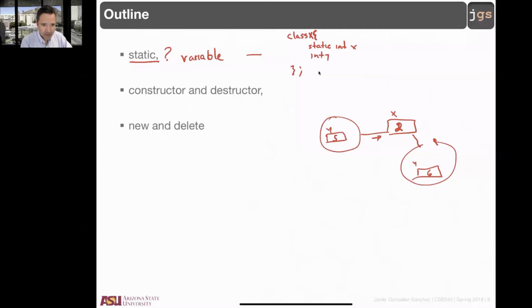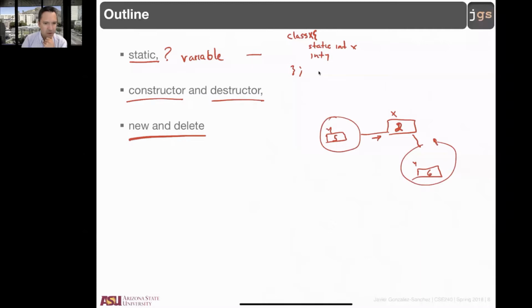Now, next, you know constructors. We need to review the structures. Constructor, destructor. We mentioned this before. The first method that we run when we create an object. Now we need to talk about the last method that is going to run. And new and delete.